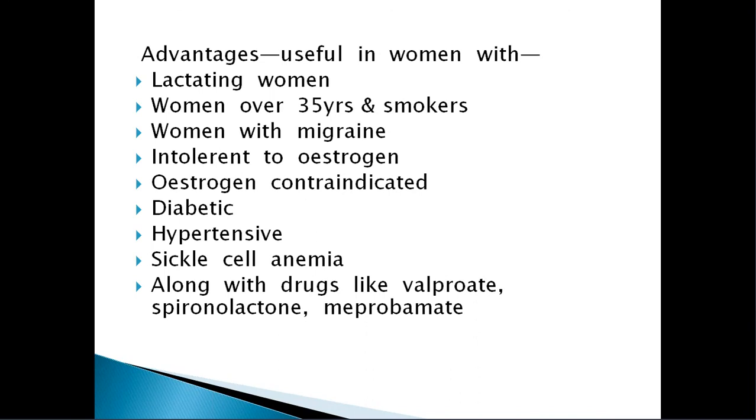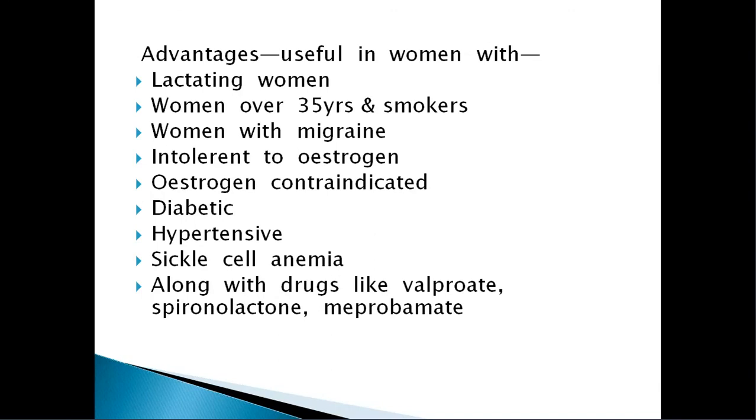For maintenance of lactation, continuous secretion of prolactin from the pituitary gland is very important. By negative feedback, the hormones in the OC pills, particularly the estrogen, suppress prolactin secretion from the pituitary gland, so milk production is reduced. So in lactating women, you can give the progesterone only pills.